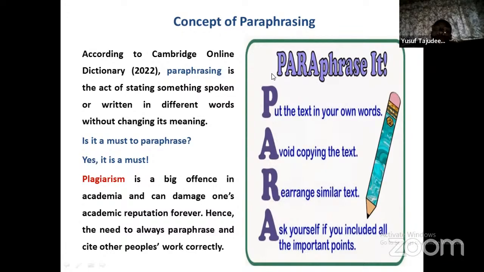So you have to state what other authors have written in your own words without changing its meaning. Write it in such a way that people will understand that you are saying exactly the same thing.